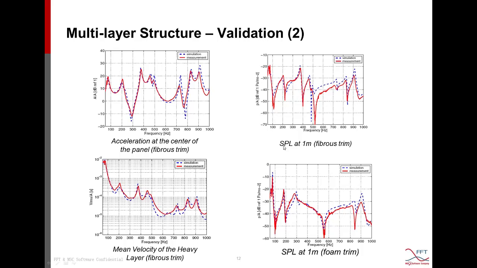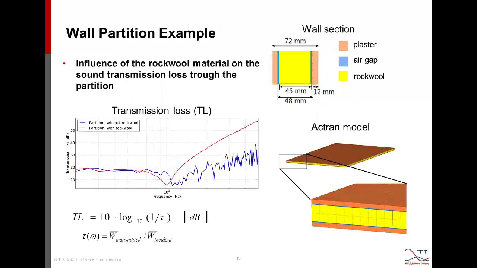And then the sound pressure level, so that is measured at the microphone that's 1 meter above the plate, and there are two types of porous material compared, fibrous trim and foam trim. As we can see, we obtained very good agreement between the Actran simulation and the measurement.